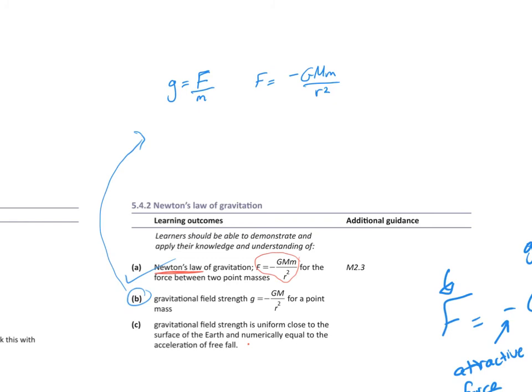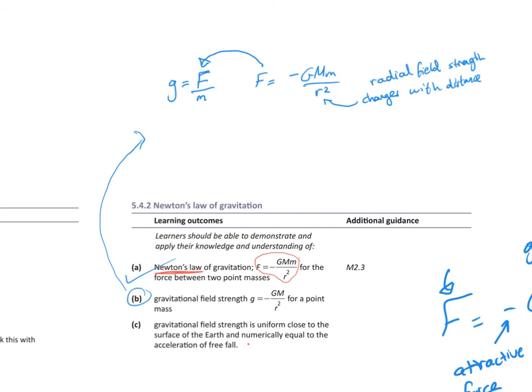We talk about radial fields because radial fields don't have constant gravitational field strength, which means the gravitational field strength changes with distance. So what we can do is substitute this expression into g, to find g, the gravitational field strength for a radial field.